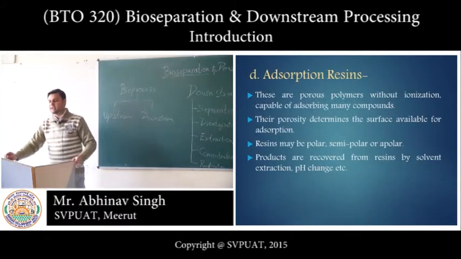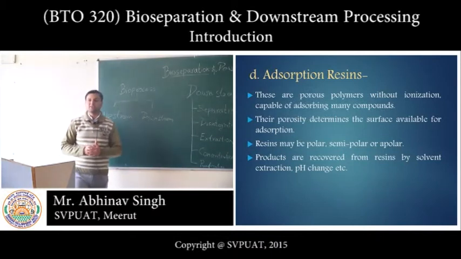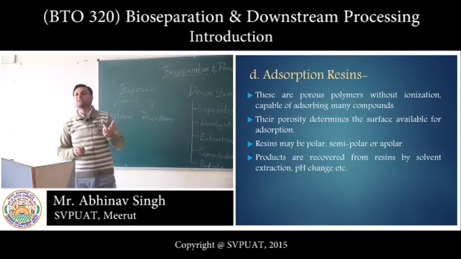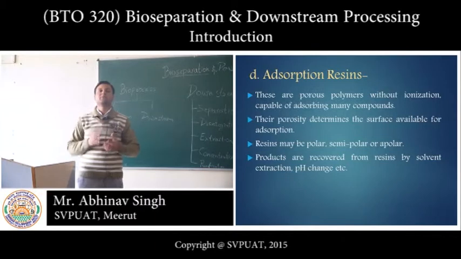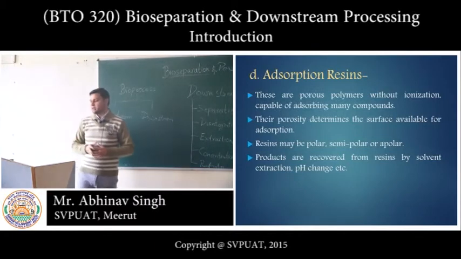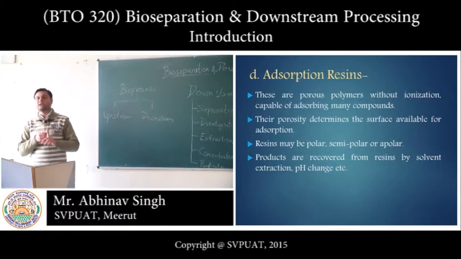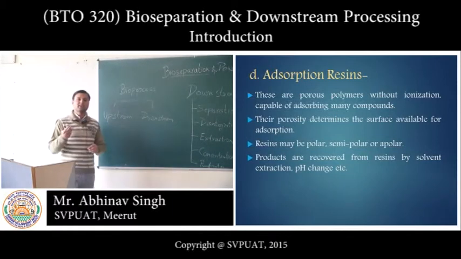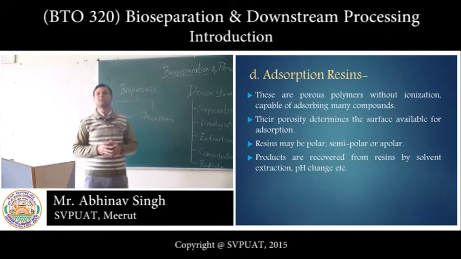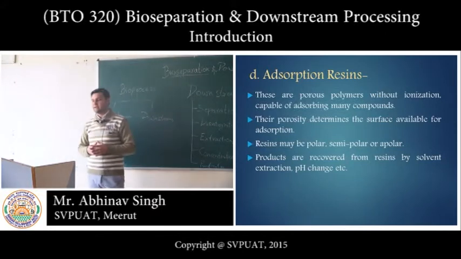Their porosity determines the surface available for adsorption, meaning the more porous these reagents are, the more adsorption there will be. These reagents may be polar, semi-polar, or non-polar, and will be used as per the nature of the particular product of our interest.